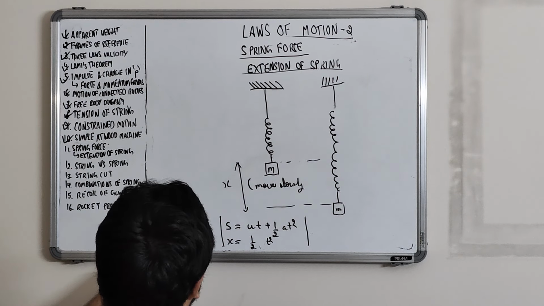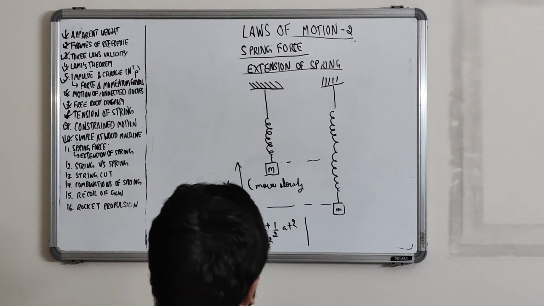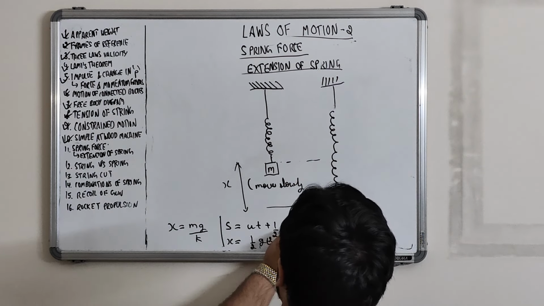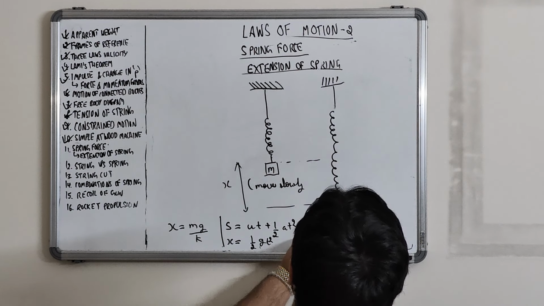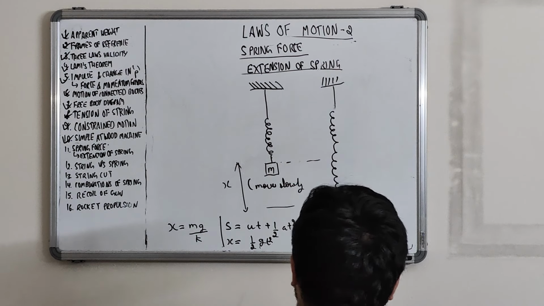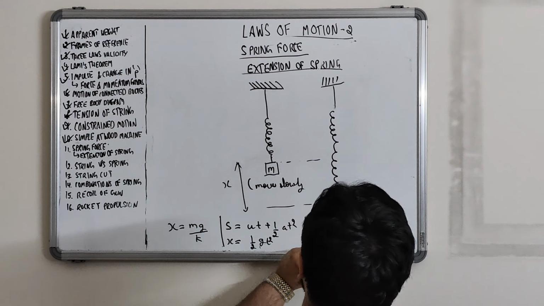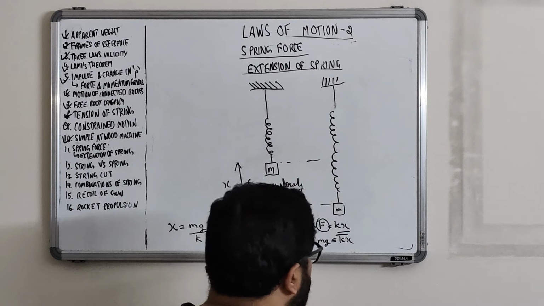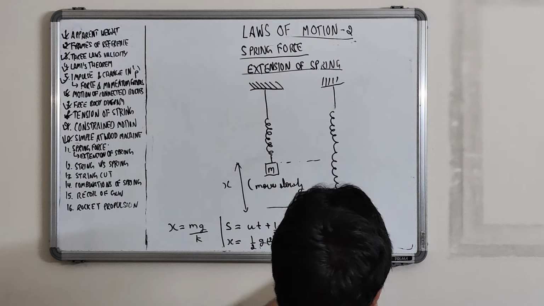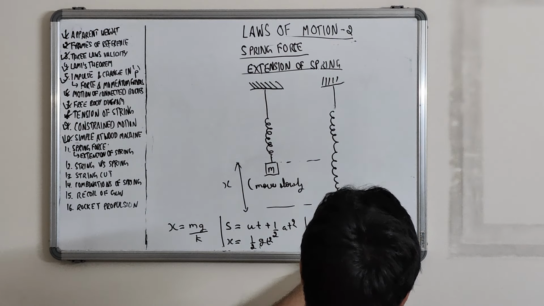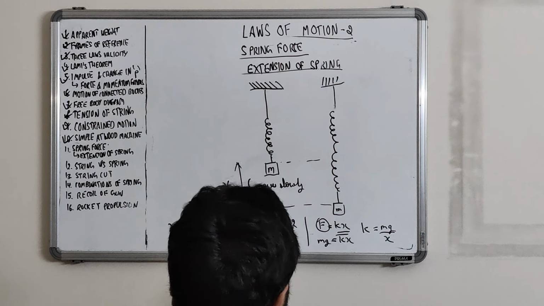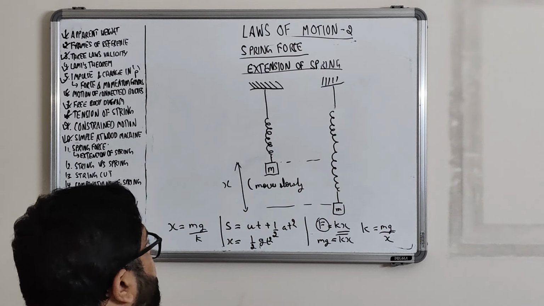So x comes out to be mg by k. How? F is equal to kx. So F is also equal to mg, because the force on this spring is mg. So mg is equal to kx. So k is equal to mg by x, right? So x is equal to mg by k. Using these equations, you can calculate extension of spring.